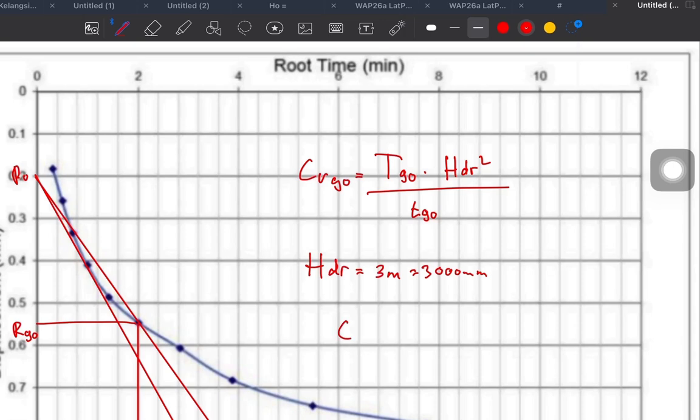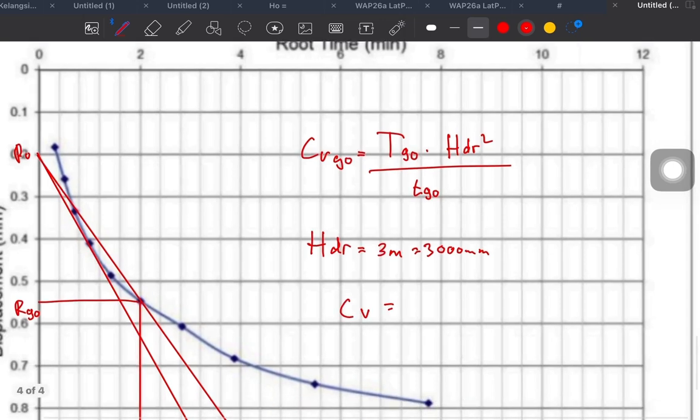So we can get the coefficient of consolidation equal to, as I said before, the T90 is 0.848 times 3000 square, divided by T90.